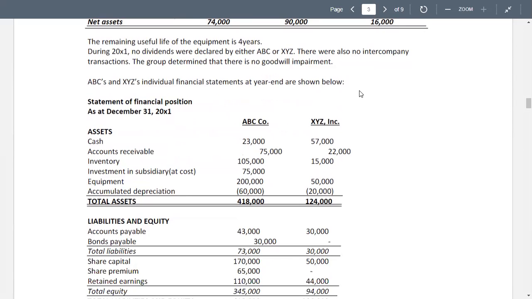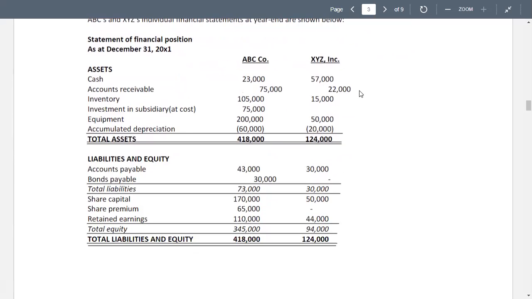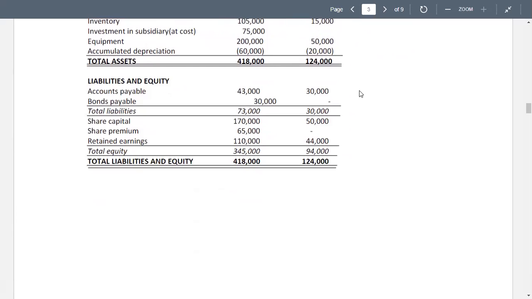So the net assets now equals the total equity of XYZ in the amount of 94,000. Take note that retained earnings of XYZ after the current year's operations is now already 44,000, giving the total equity of 94,000.